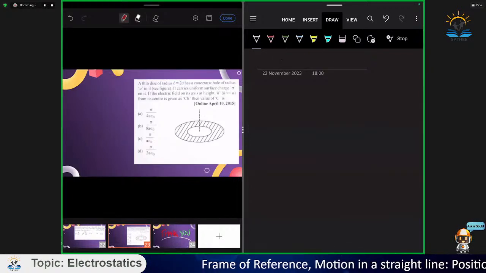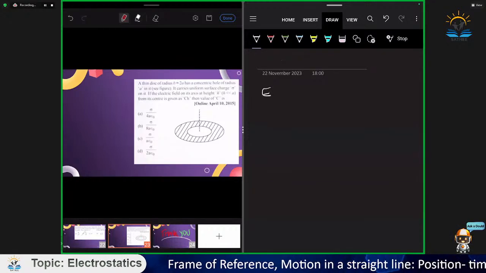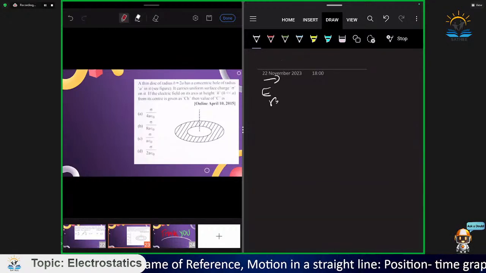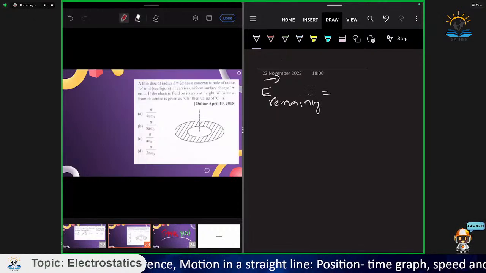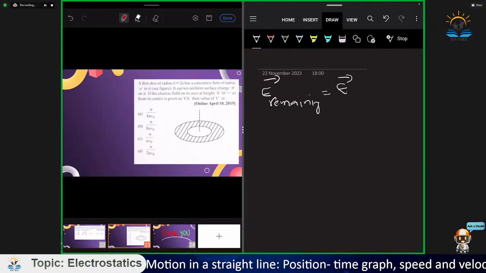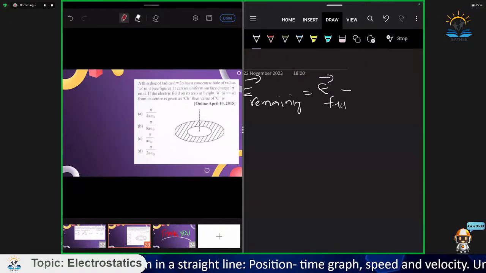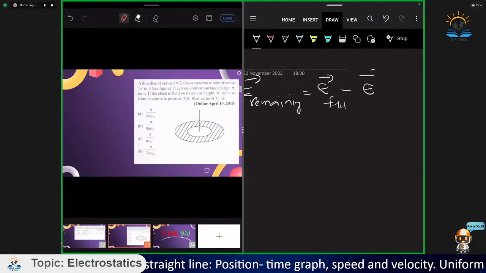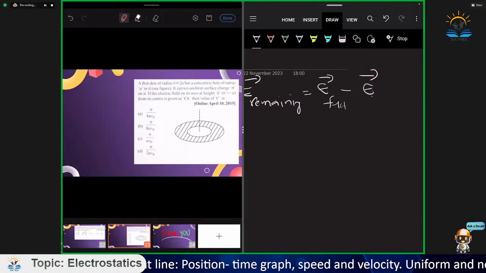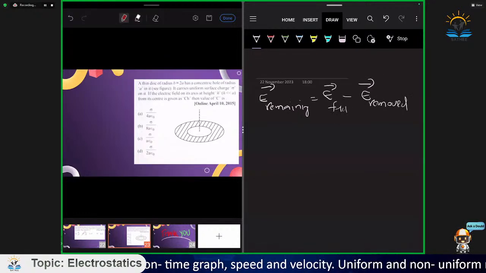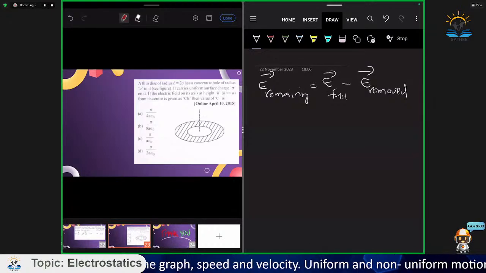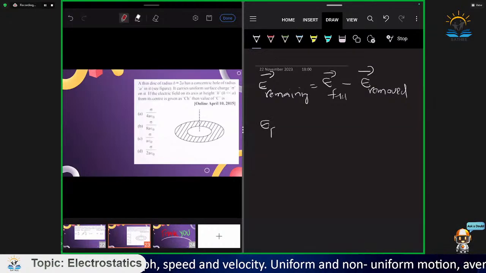For this type of question, we have to find the electric field due to the remaining part. So E remaining will be the electric field due to full minus the electric field due to the removed part. First we find the electric field due to full.